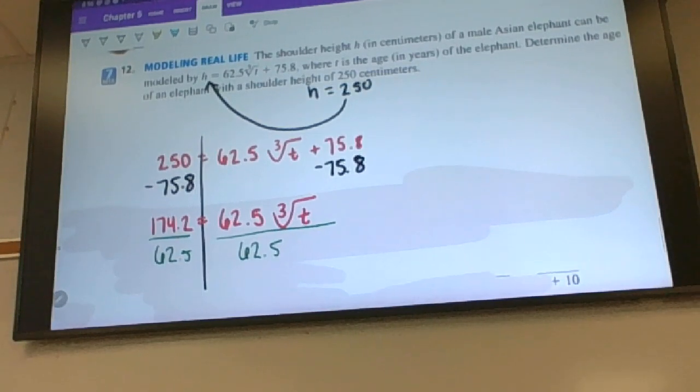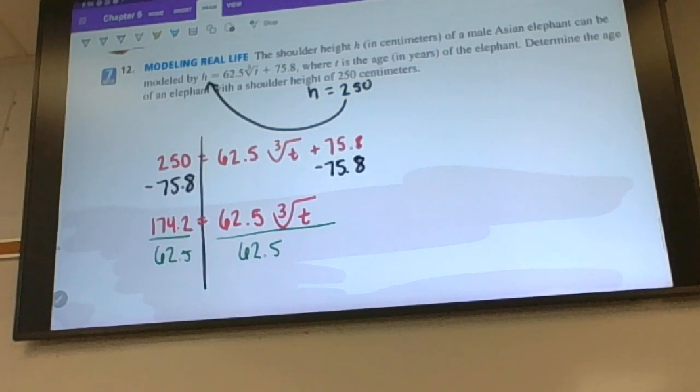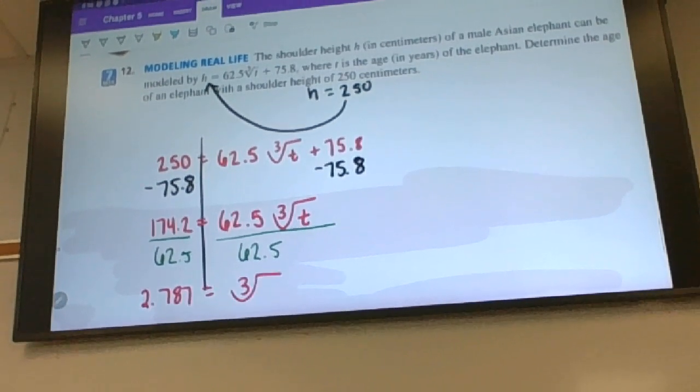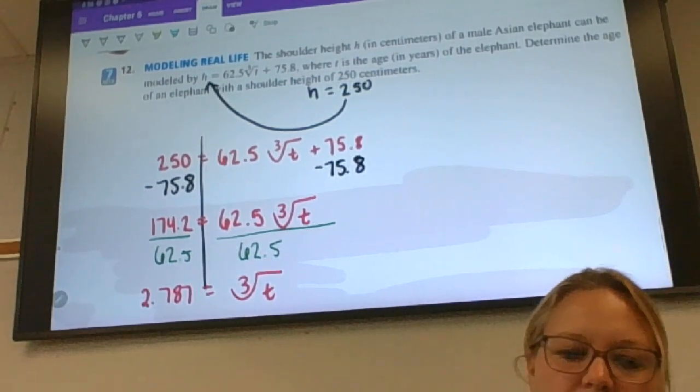All right, so I'm going to subtract the 75 and then divide. I end up with 2.787 is the cube root of t. And then I have to cancel a cube root, so I raise both sides to a power of 3.